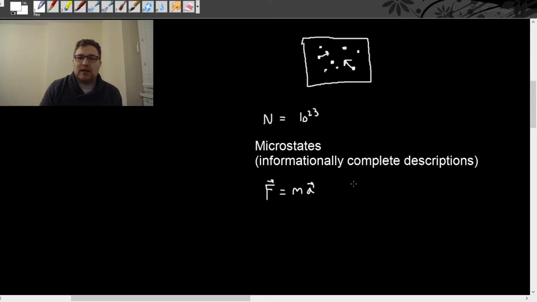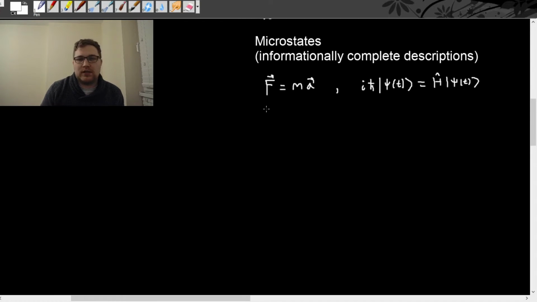In quantum mechanics, instead of classical mechanics, I would study the Schrödinger equation, where psi of t is the state and H is the Hamiltonian of your system. So in classical mechanics, we usually take a microstate to be a complete list of all of the positions and momentums of the particles in your system.